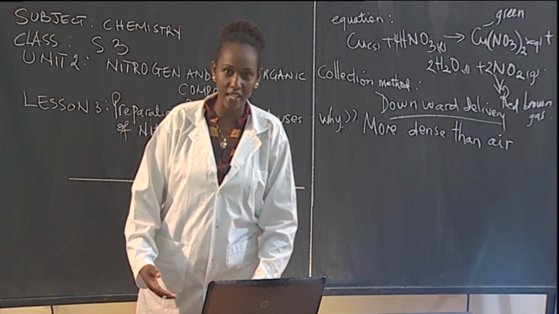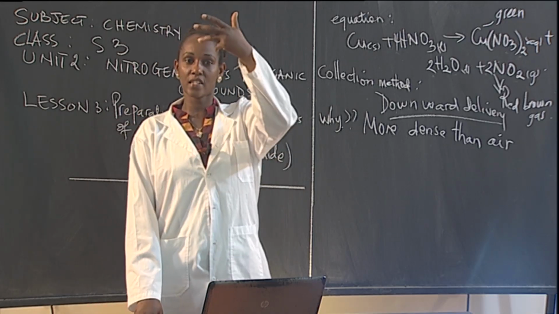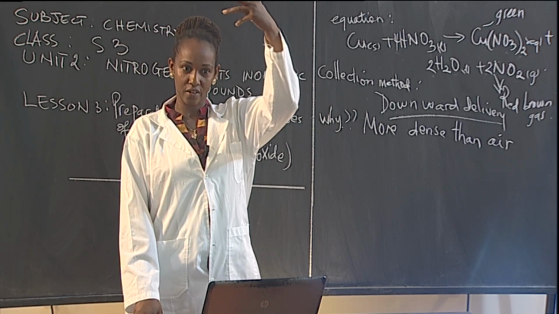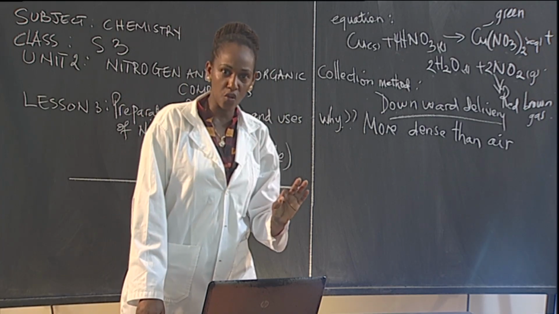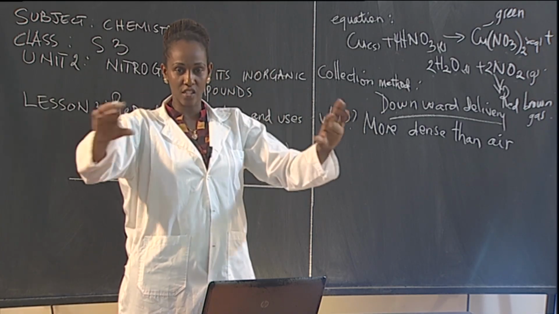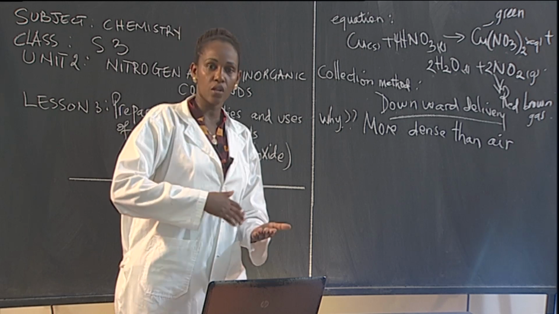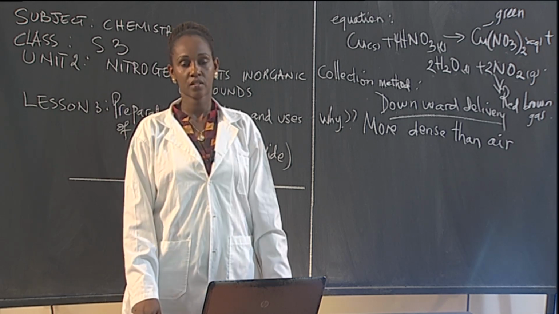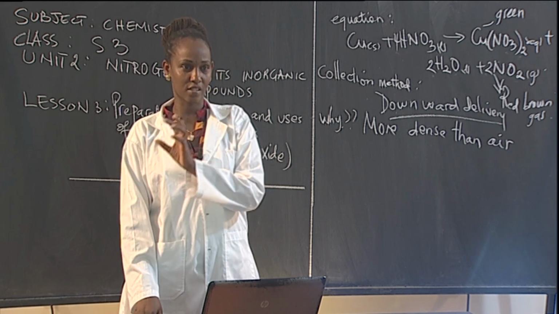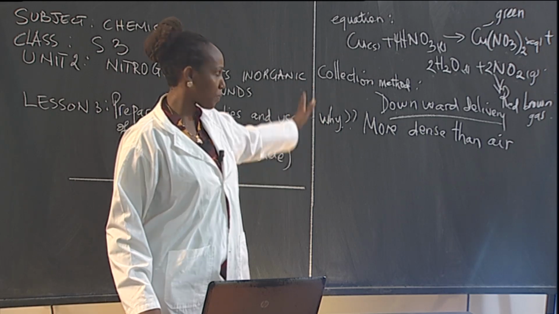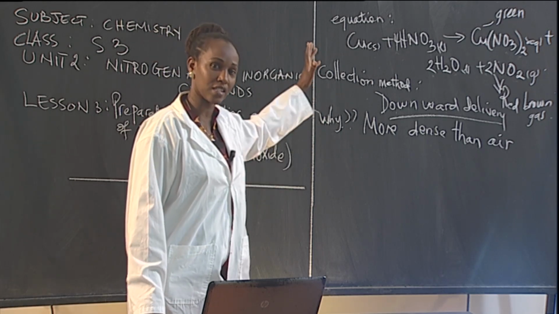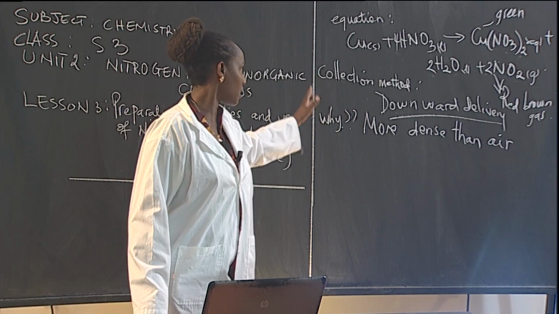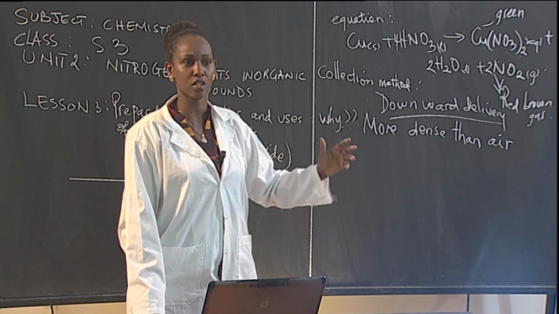If it is less dense than air, then it is collected by upward delivery. When it is insoluble in water, it is collected over water. So you need to know those things. Whenever we are studying preparation of substances in the laboratory, these are the major things you need to put into consideration.